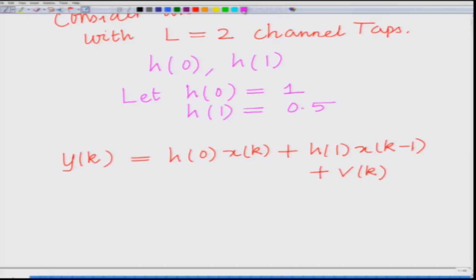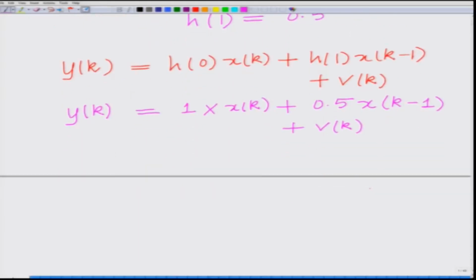Let us substitute the values for H0 and H1, and this gives Yk equals 1 times Xk, since H0 equals 1, plus 0.5 times Xk minus 1 plus Vk.